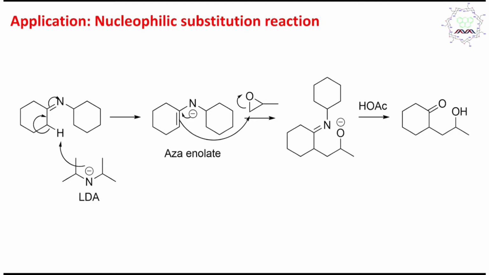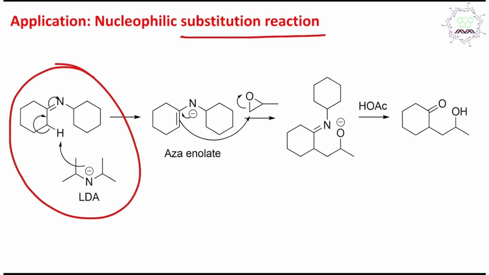Now let's discuss a few applications, for example, nucleophilic substitution reaction. This is a simple azaenolate generation. The azaenolate acts as a nucleophile from its carbon center, because carbon is softer in nature compared to nitrogen, which is more electronegative and so hard. First the electron density will be pushed, and this carbon will attack the epoxide carbon via an SN2 type reaction.